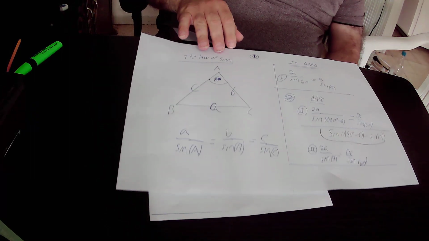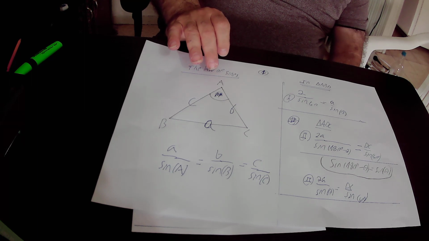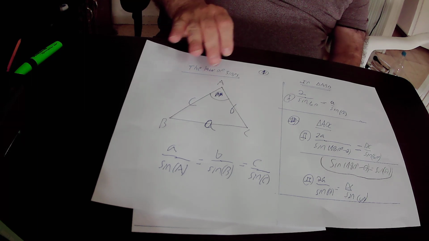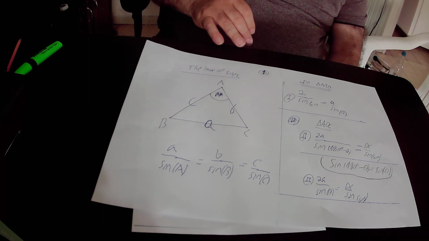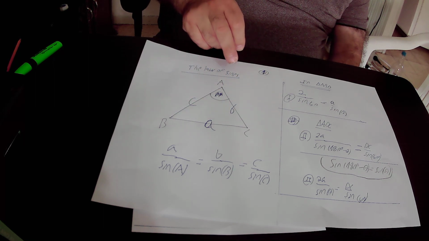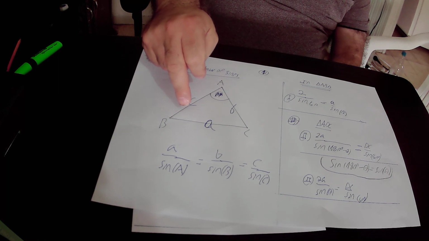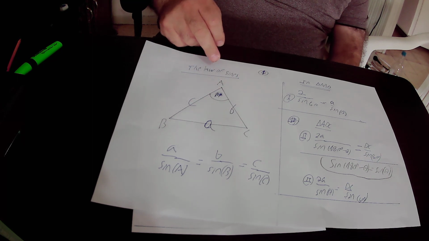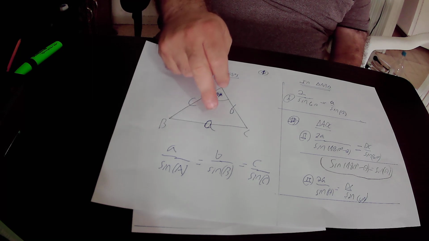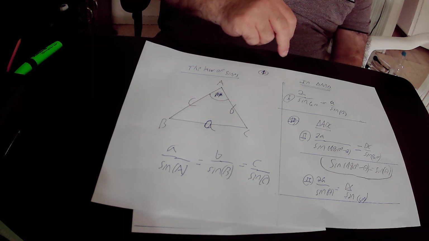The law of sines is true in any triangle, so if we have this triangle ABC, that would be any triangle. Side AC equals 3 units, side AB equals B units, and side BC equals A units. Capital A is the size of this angle, capital B is the size of angle ABC, capital C is the size of angle ACB. Then according to the law of sines, A over sine A equals B over sine B equals C over sine C.